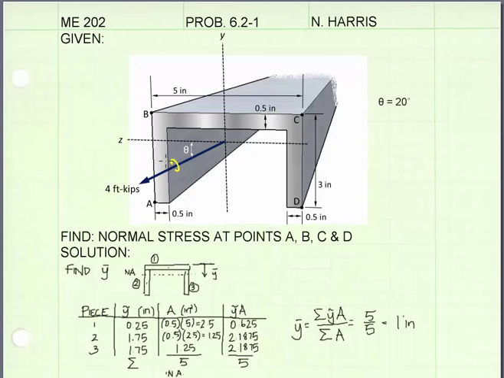That means when we find our z component, we'll take 4 foot-kips and multiply that by the cosine of -20. That's going to give us a positive value. The moment about the z-axis will be positive. When we take 4 foot-kips, multiply it by the sine of -20 degrees, that's going to give us a negative component about the y-axis, which makes sense for the quadrant we're in. So let's go ahead and do that.